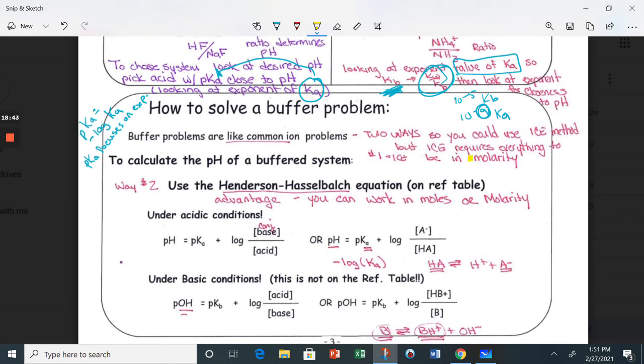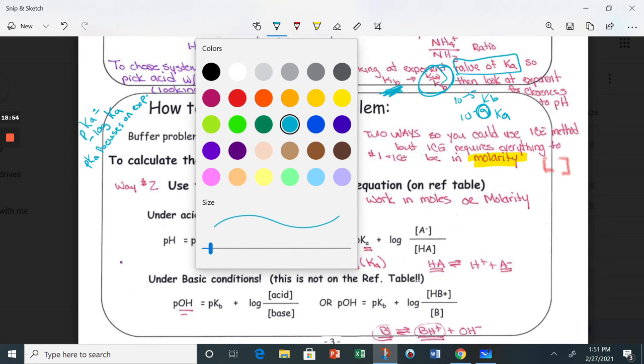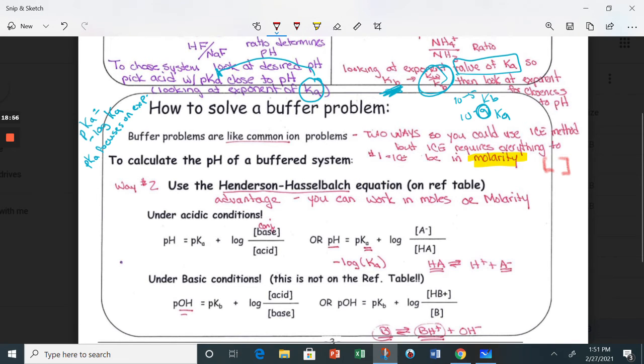You need concentration, so you have to make sure you are looking at total volume and concentration. They'll always say you mix so many milliliters of this and so many milliliters of that. So if you are going to do ICE or RICE, you better have concentration.